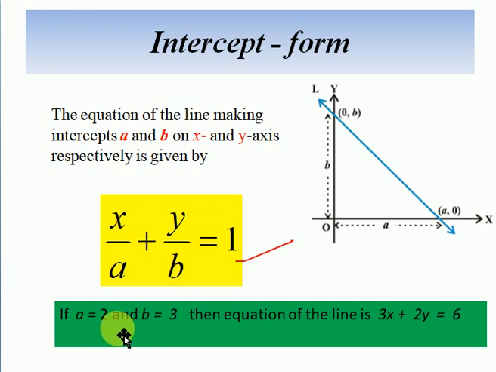If we take A equals 2 and B equals 3, then the equation of the straight line will be 3x plus 2y equals 6.